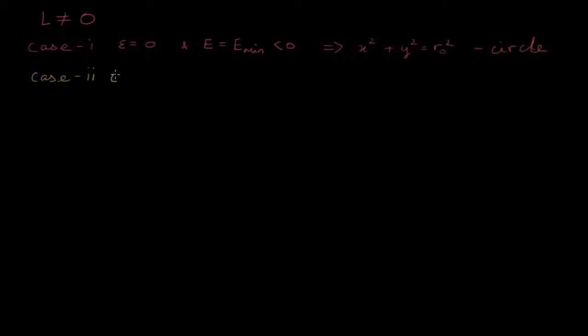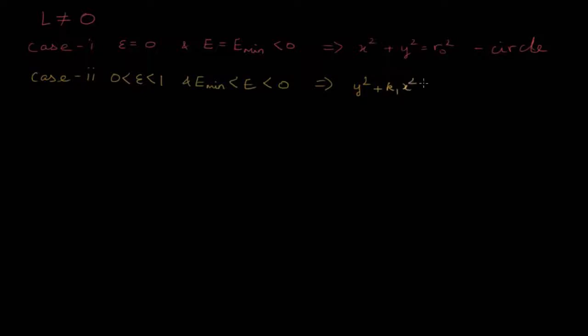Now I'll take case 2. Case 2 is when I put my eccentricity between 0 and 1. And in this case, our energy is sandwiched between E minimum and 0. Total energy. So now we've got a little more energy than the minimum case, but it's still less than 0. If I do this, I'll get this equation, y square and something multiplied to x square.